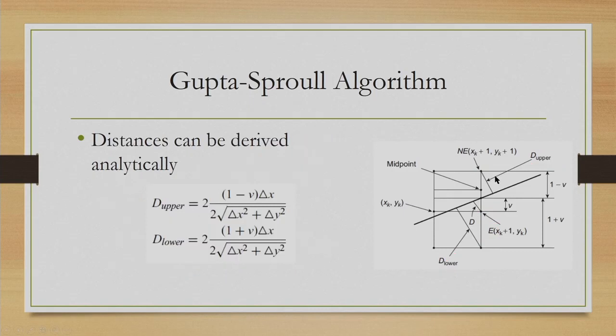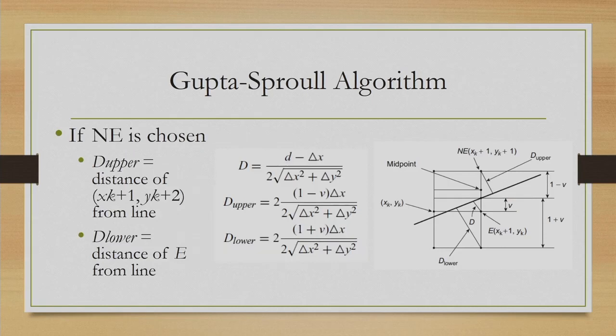This D upper and D lower can be again obtained using geometry as shown in these expressions, where v is this distance and delta x, delta y are as before, the difference between the x and y coordinates of the endpoints. And depending on those distances, again tables are maintained to set the values of the neighboring pixels.